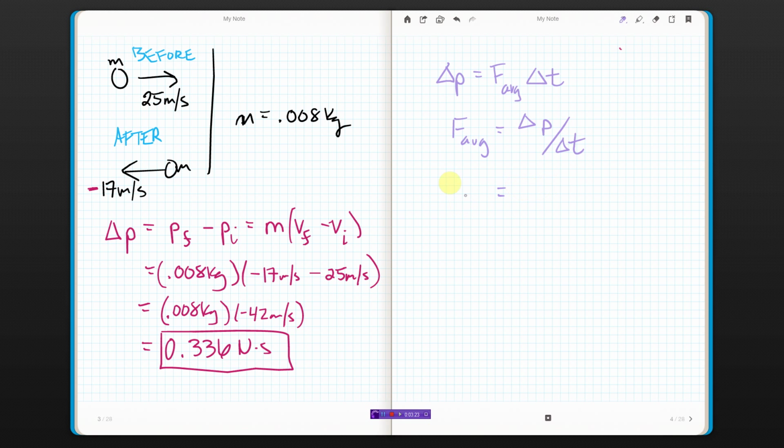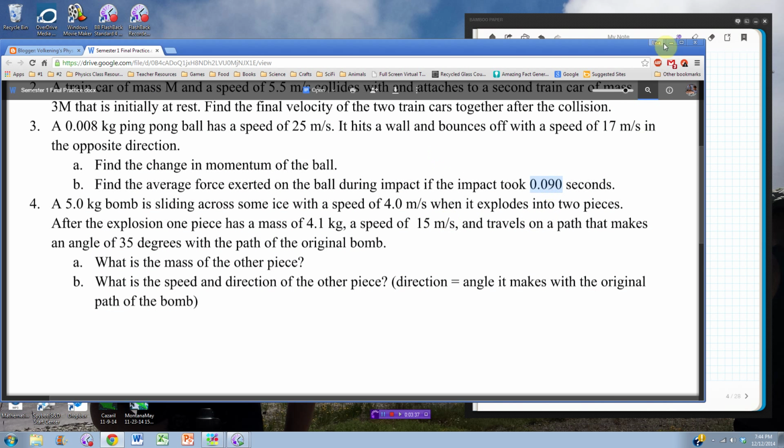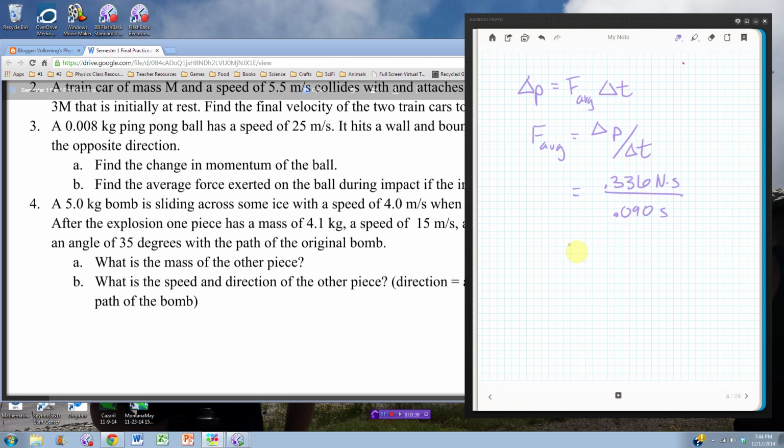Here's my change in momentum, so I just put that in: 0.336 Newton seconds over 0.090 seconds. It was 0.090, right? Yeah, okay. Put that in the calculator. I conveniently still have the last answer in my calculator. And we get 3.73 newtons. Whoa, that's not a 7.